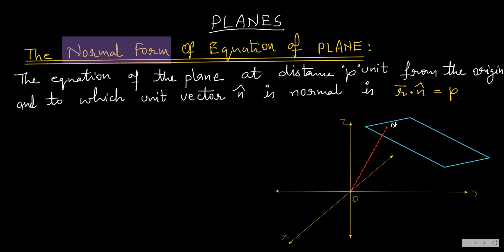What is N? N is the foot of the perpendicular. And this foot of the perpendicular is from the origin. And how much is ON given to be? ON equals to P units. P is a number, students.